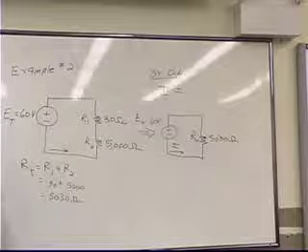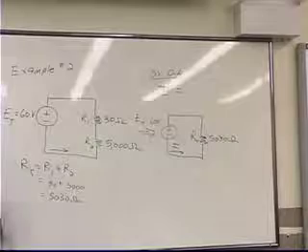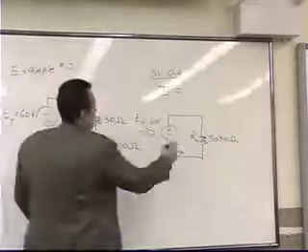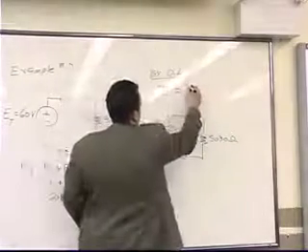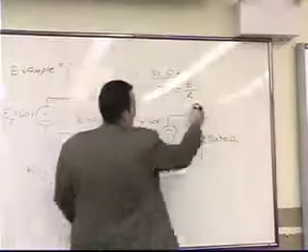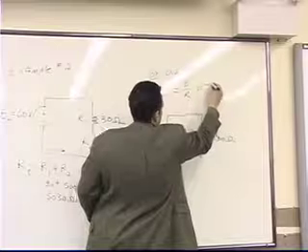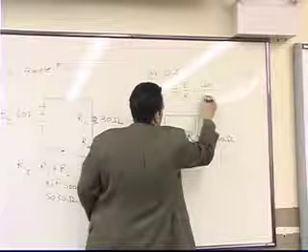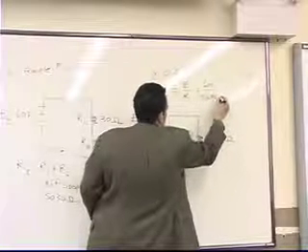So what's the formula? E divided by R. Current is the ratio of voltage divided by opposition to current flow. So that's going to be equal to 60 divided by 5030 ohms.